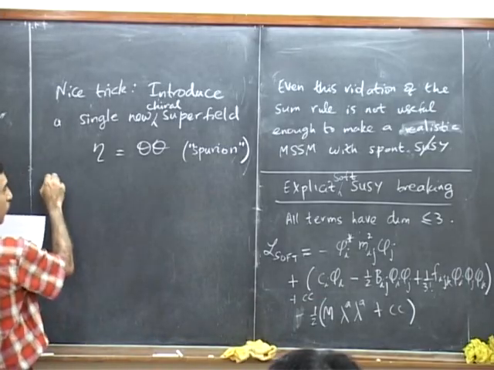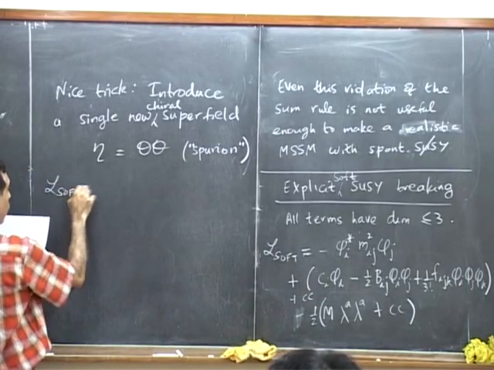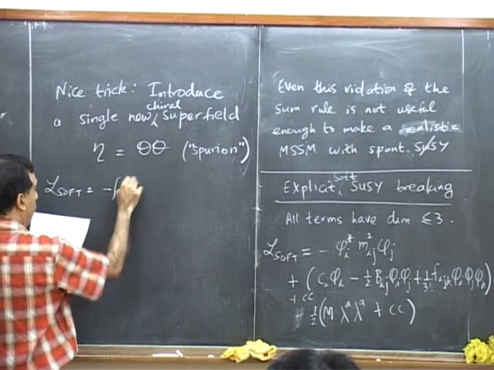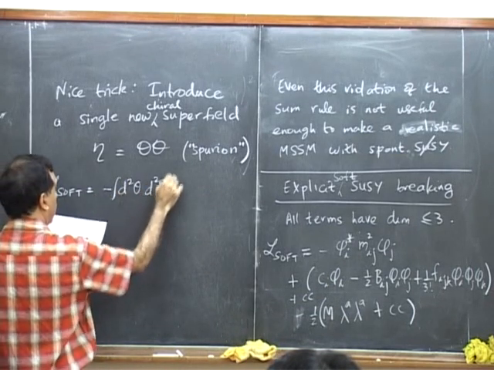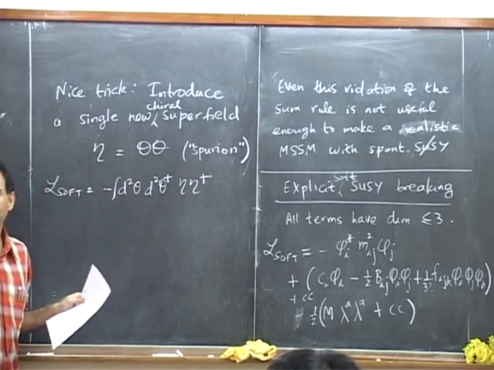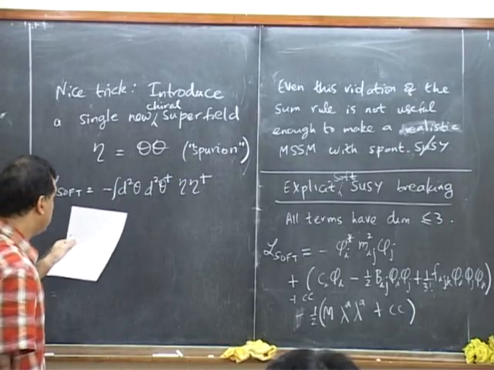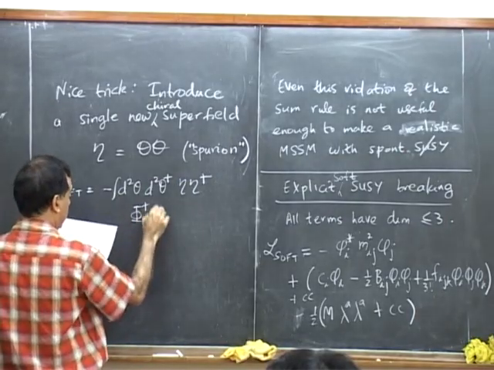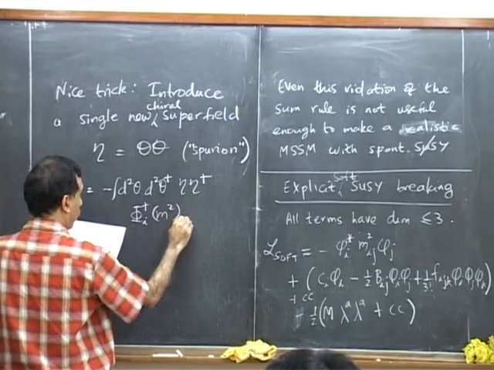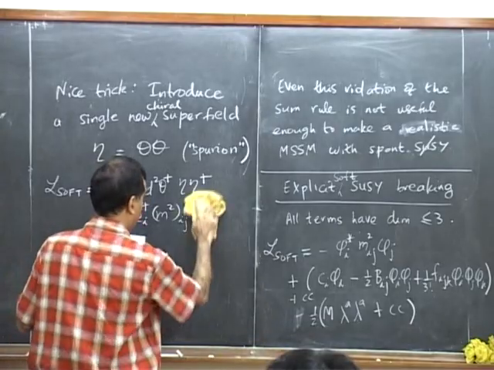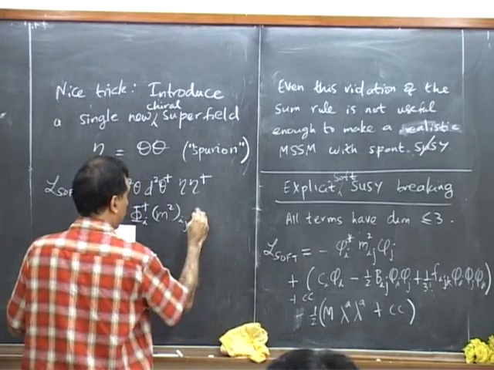So the first term is minus integral d4 theta, spurion dagger spurion, times phi I dagger m squared I j e to the v phi j.